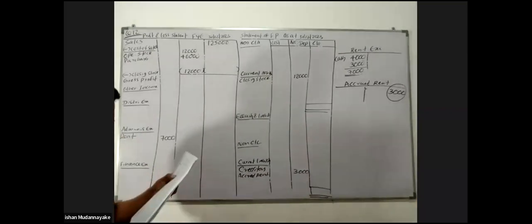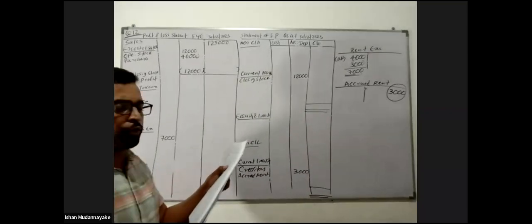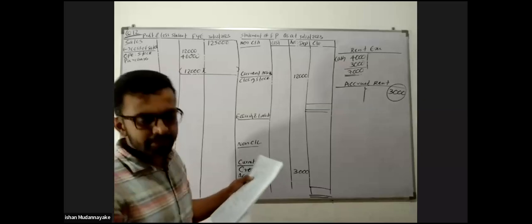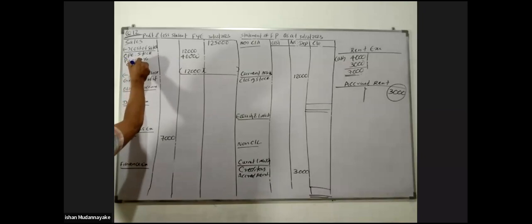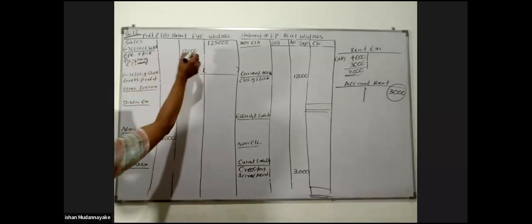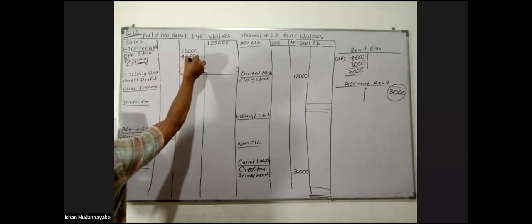Opening stock 12,000. Carriage inward 3,000. Purchases plus carriage inward, so purchases plus 3,000.